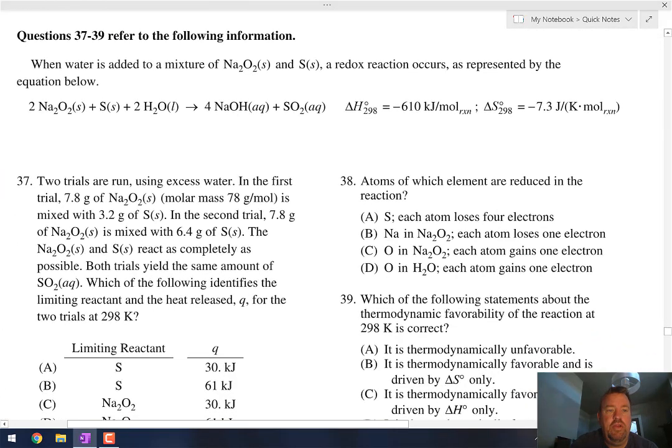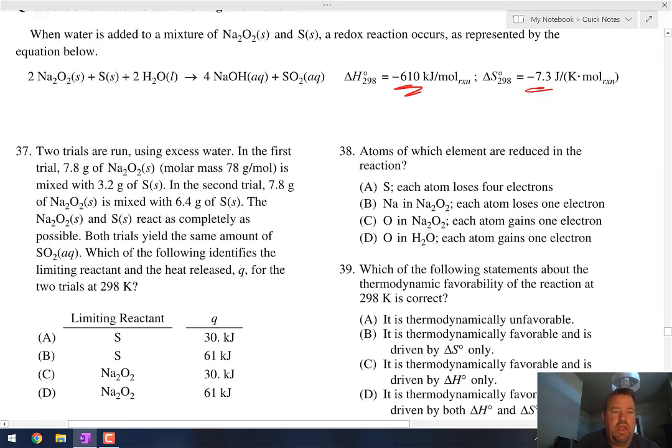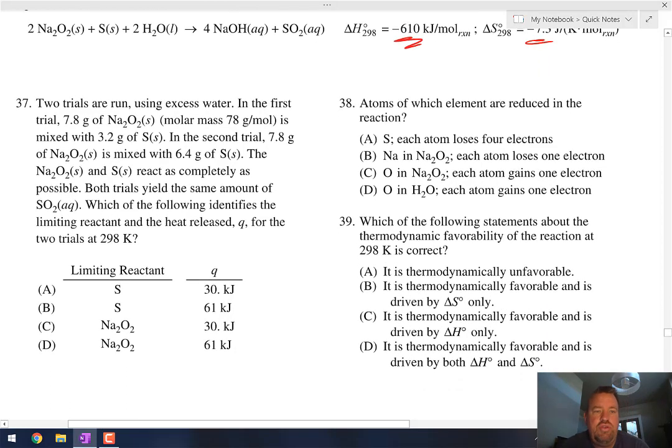Okay, numbers 37 through 39 deal with the following information here. So you've got some big nasty equation. You've got an exothermic reaction. You've got a negative delta S. Okay, and 37 says 2 trials are run using excess water.